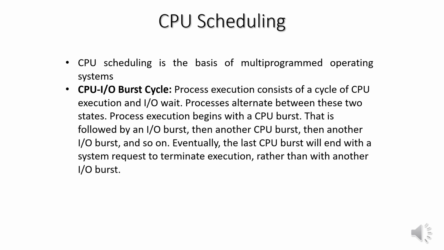Process execution begins with a CPU burst that is followed by an I/O burst, then another CPU burst, then another I/O burst, and so on. Eventually, the last CPU burst will end with a system request to terminate execution rather than with another I/O burst.